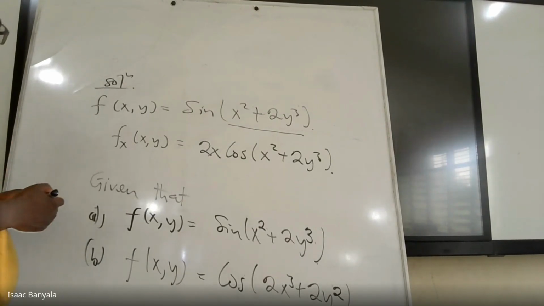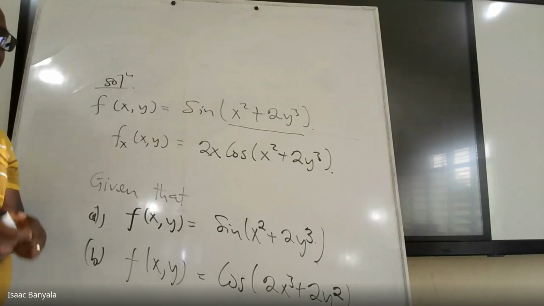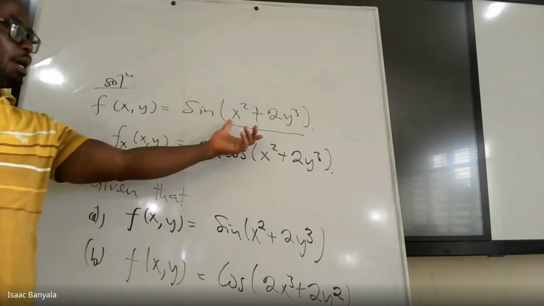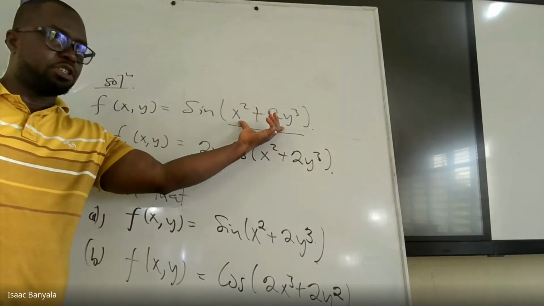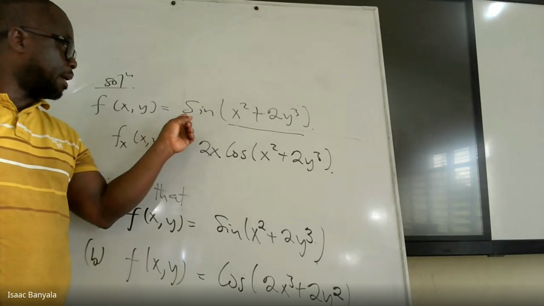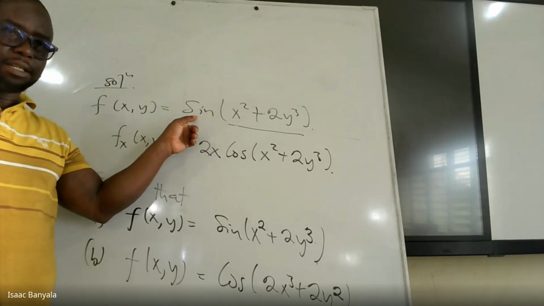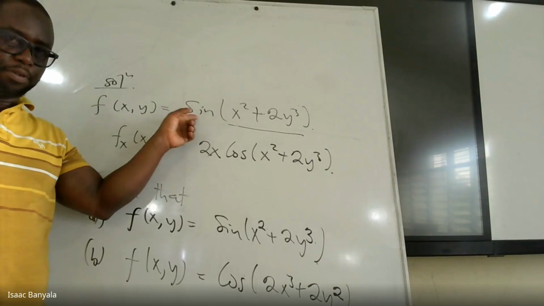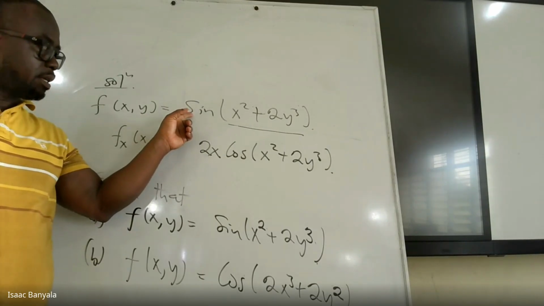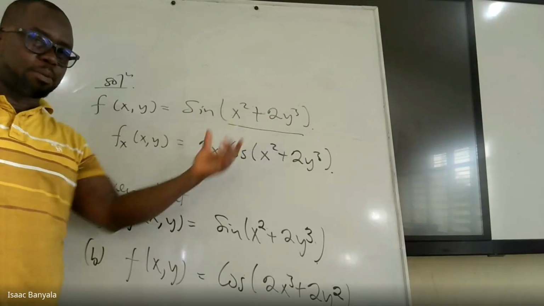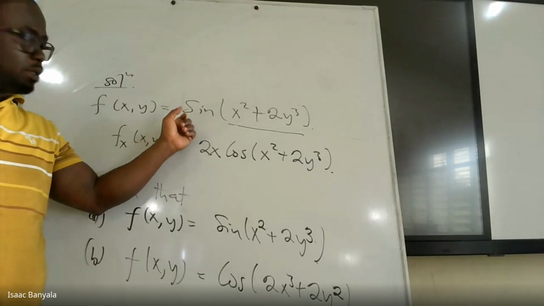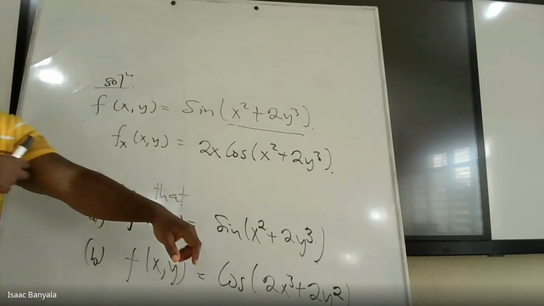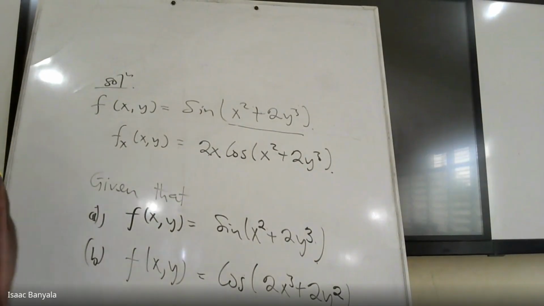Anytime we are given a trig function that is involving two unknown variables, you first differentiate the function and multiply by differentiating the sine or the cos, the trigonometry function. Know that if you differentiate sine, you get the cos.